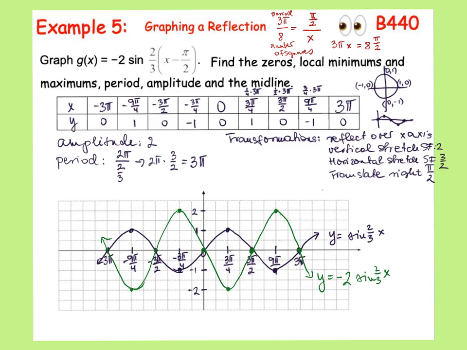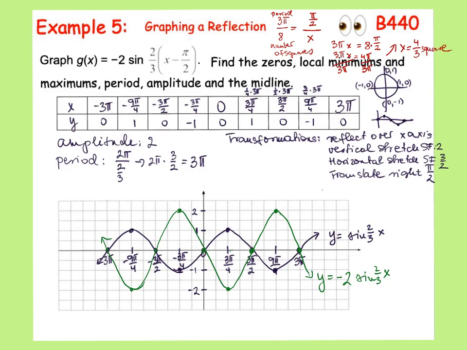If I have 8 times pi over 2, so if I have 3 pi x, that's going to give me 4 pi squares. So if I divide both sides by 3 pi, I will end up getting x equals 4/3 squares.